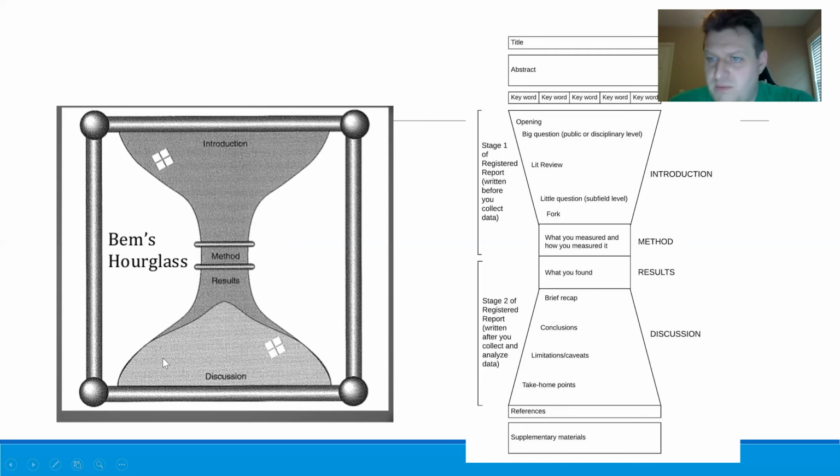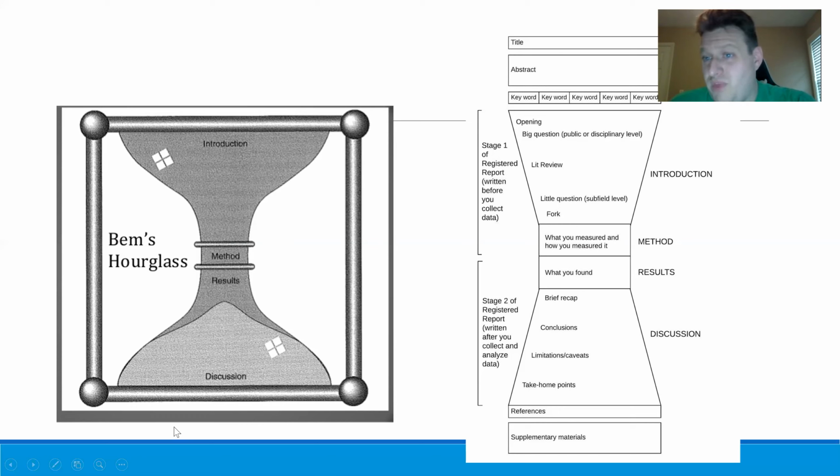And then in discussion, we start off very specific, talking about the results of our study, explaining them in easy to understand language. And then we get more general. Okay, what are the practical implications of our research study? What are the take-home points of our research? Okay, those are some pretty important things that we want to make sure that we end with in the discussion.